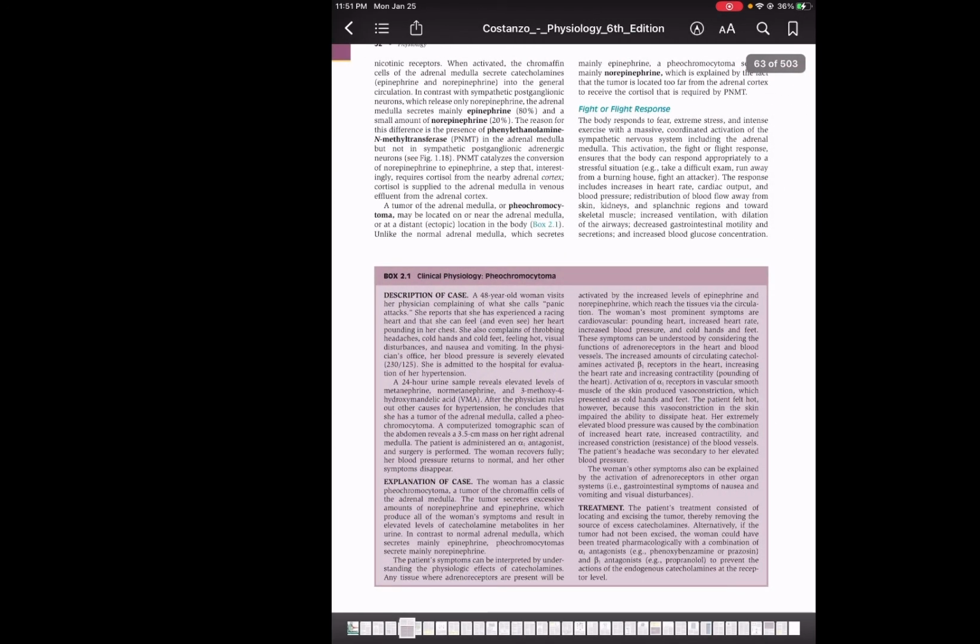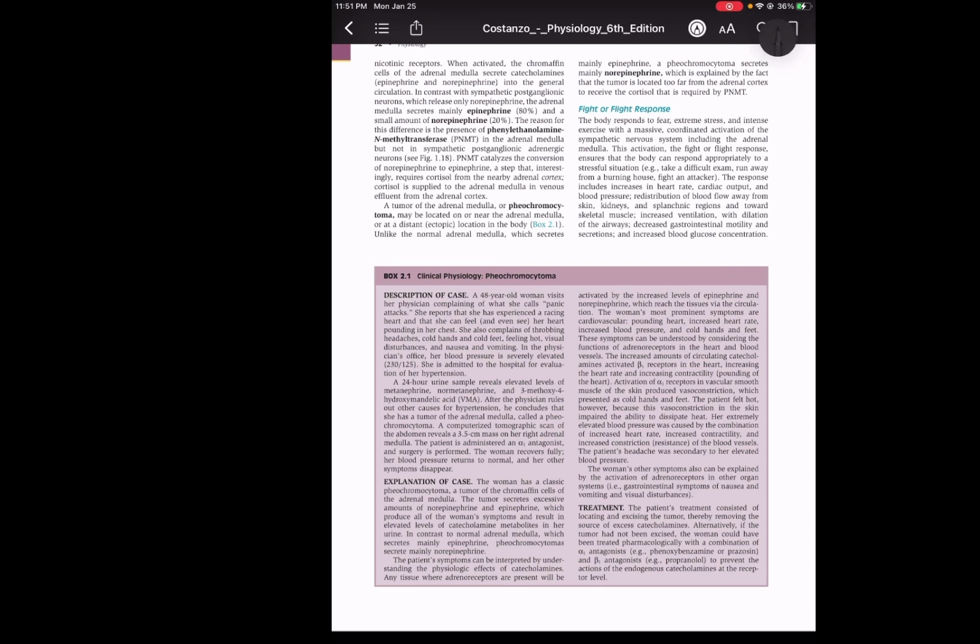Then when they activate the chromaffin cells of the adrenal medulla, they secrete catecholamines, that is epinephrine and norepinephrine, into the general circulation. In contrast with sympathetic postganglionic neurons, which release only norepinephrine, in the adrenal medulla epinephrine is 80% and norepinephrine is 20%. Always remember that percentage.